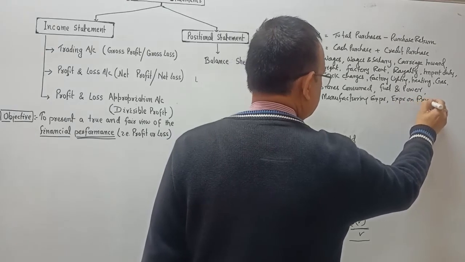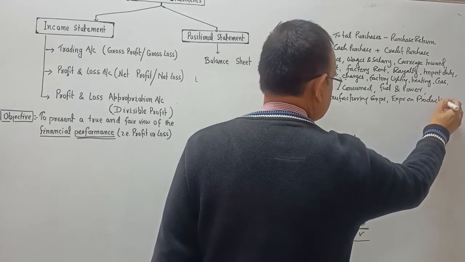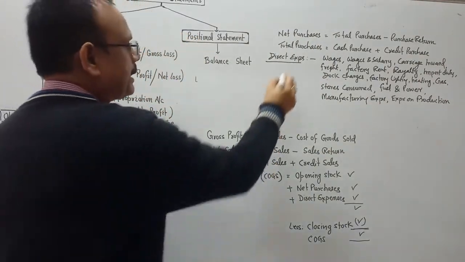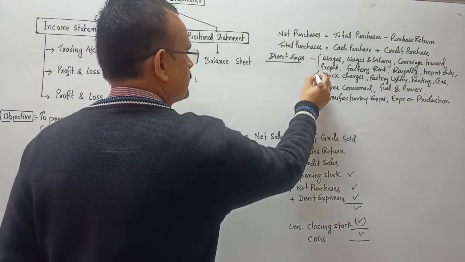Production means productive expense on production. These all come under the direct expenses.